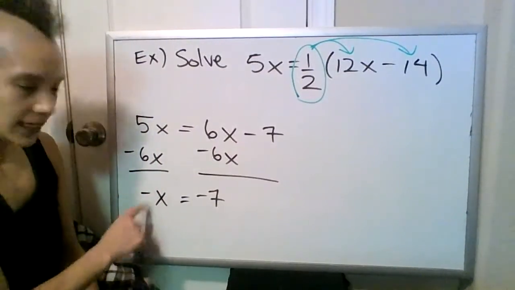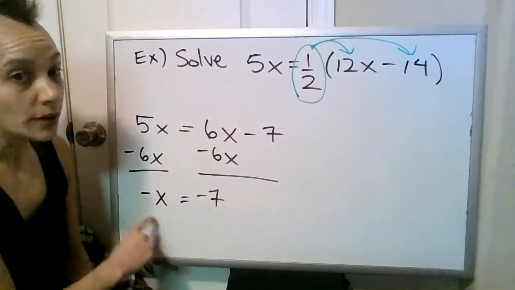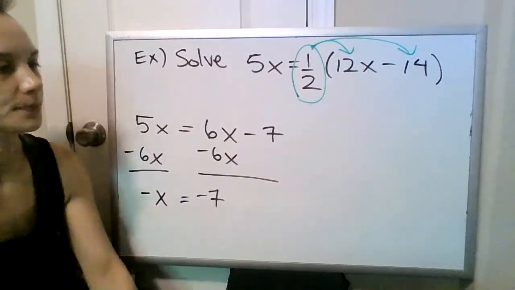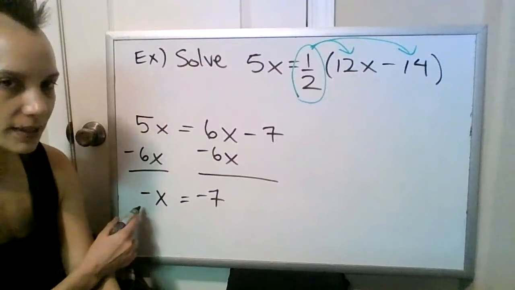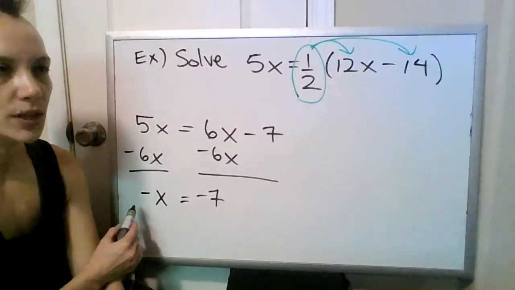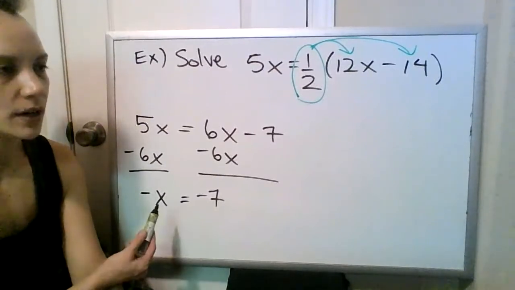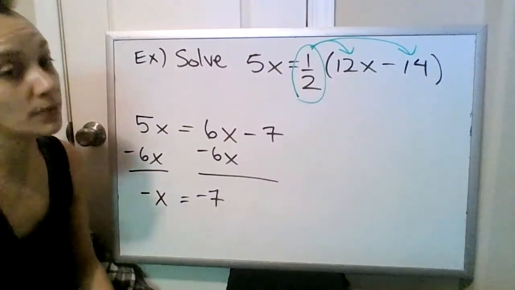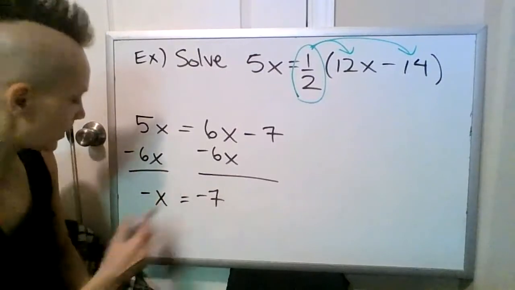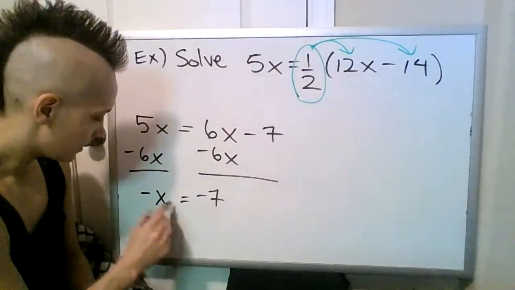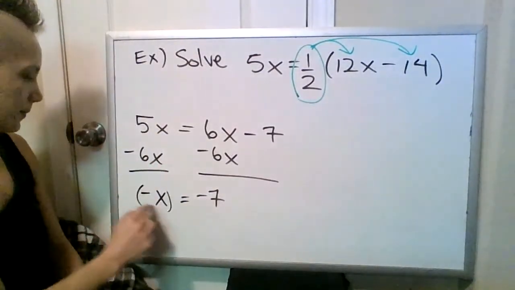You need to isolate x, or you need to solve for x. But there's a negative sign. So you can multiply both sides by the negative, or you can divide both sides by -1. Either way. Let's multiply.